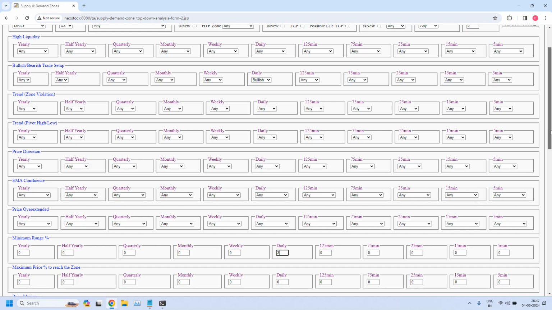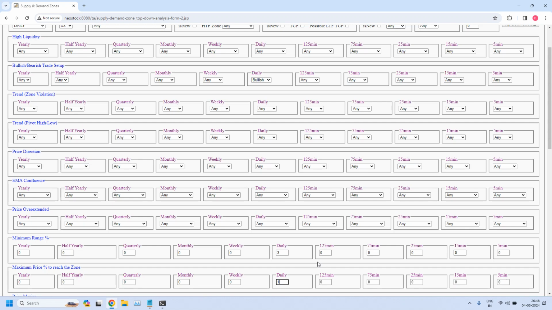Even then you may get a big number, maybe over 30-40 stocks. So that's why we will generate different reports: stocks very near to the demand zone, our entry zone. For that there is a parameter called maximum price % to reach the zone. In daily time frame I am setting the value 1.